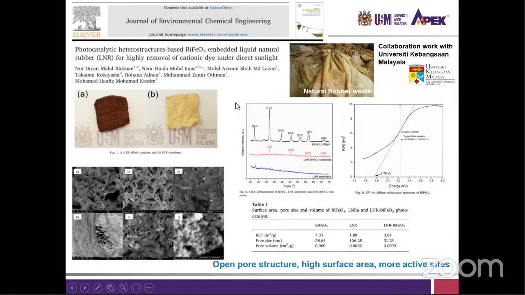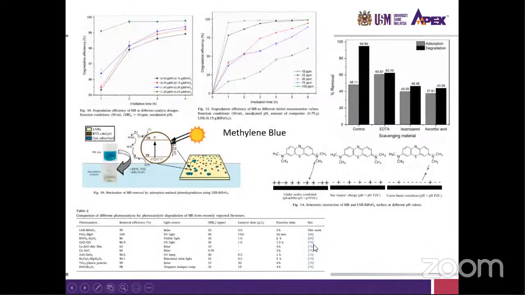For this study, we can see that there is a lot of open pore structure with high surface area, so that it can ensure that we will have more active sites. So this is the degradation result. We can see it works really well, about 94% under direct sunlight.